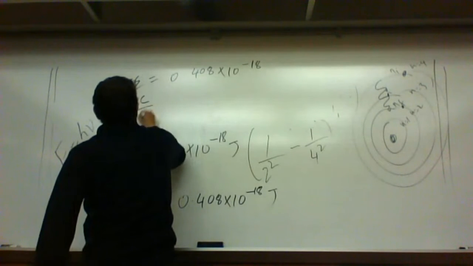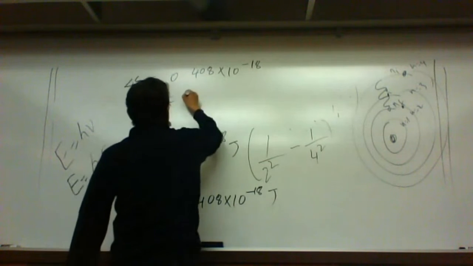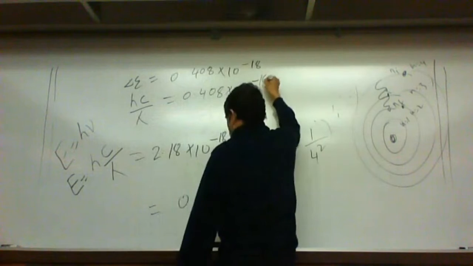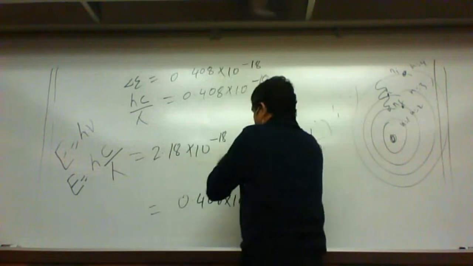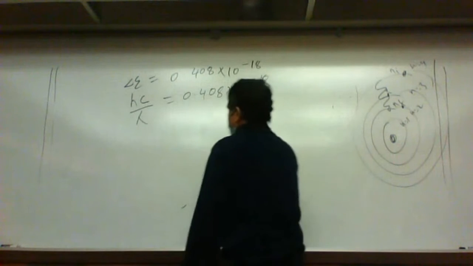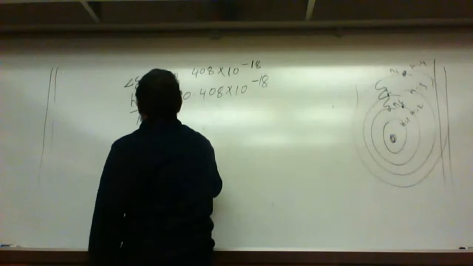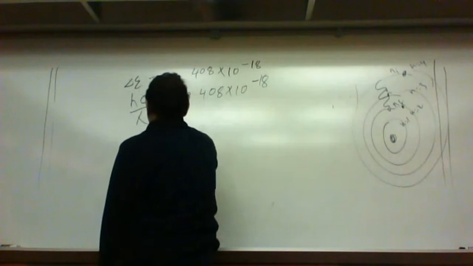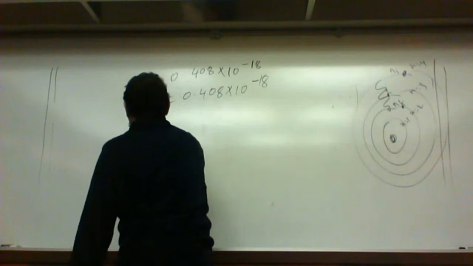So E will be hc by lambda, that is 0.408 times 10 to the power minus 18. I need to calculate the lambda, so I would put just 1 by lambda here.